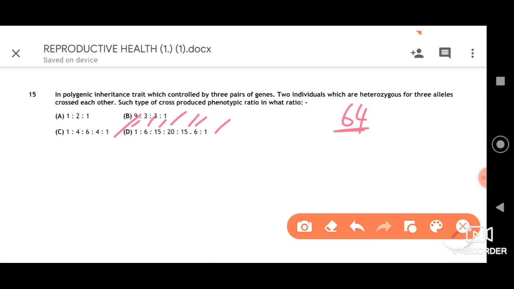You can definitely cross and check. With the gametes I have shown you, you are going to get 64 total combinations, so you have to go for option D.